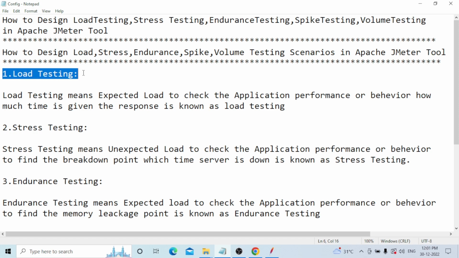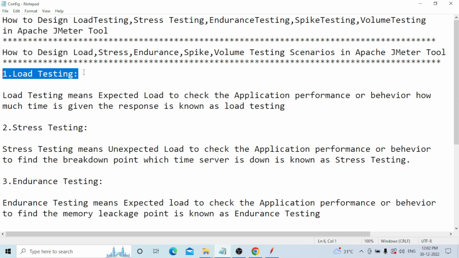First one, load testing. Load testing means applying the expected load to check the application's performance or behavior: how much time it takes to give the response is known as load testing. Most applications in performance testing use load testing. Most preference is given to load testing compared to the remaining 4 tests.